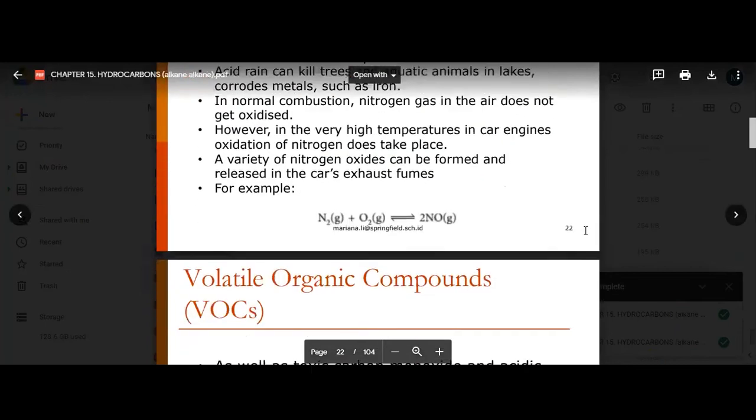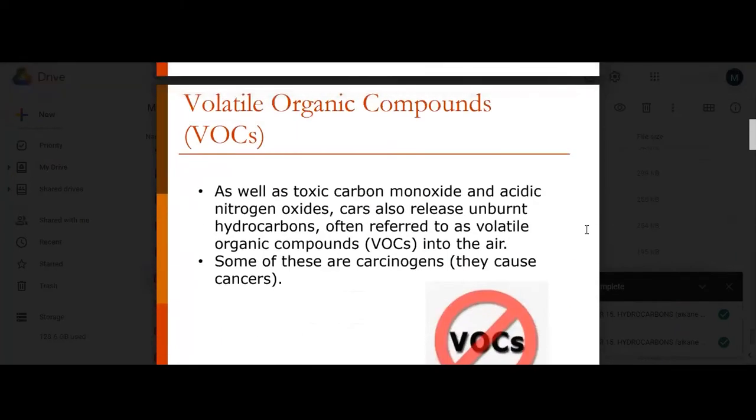So already two pollutants. This is the third: volatile organic compounds. Sometimes the unburned hydrocarbons will be released. Not all petrol will undergo perfect combustion; some of it will remain unburned. Since it is volatile, it can be released to the atmosphere.